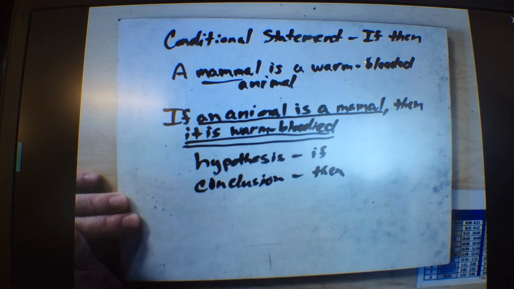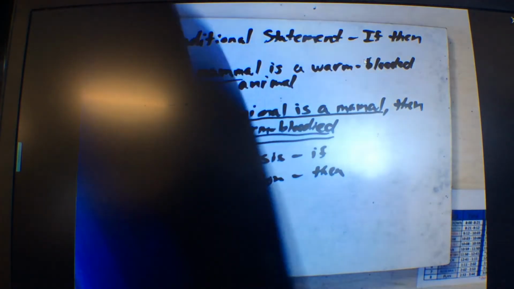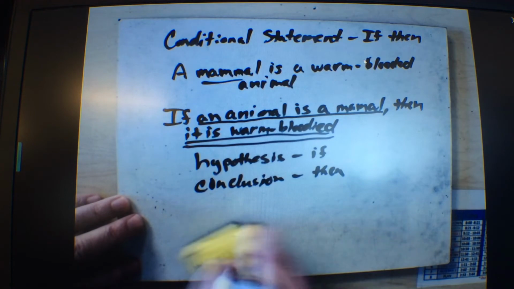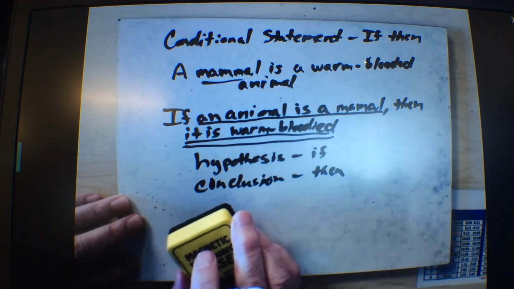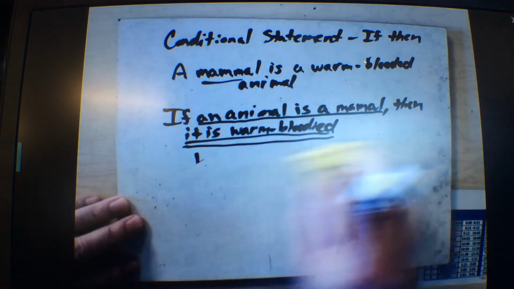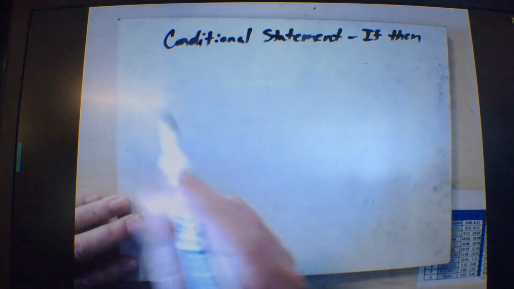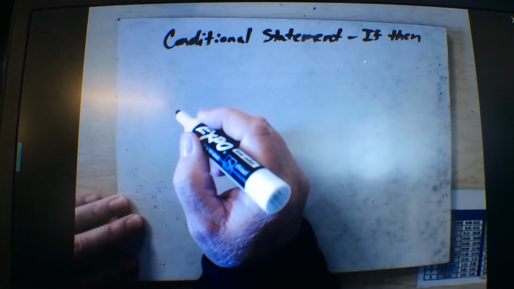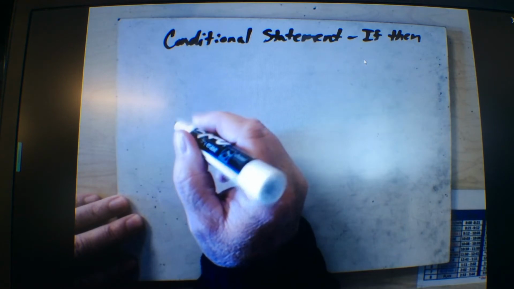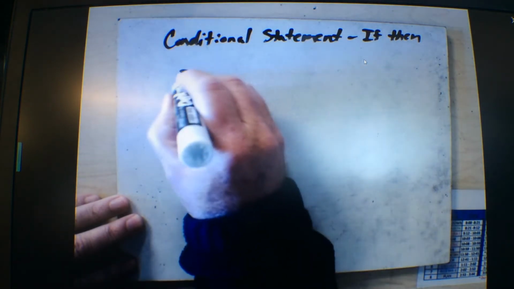Do you have it? If you're going to be gone, then you must turn in your assignment. I've said that three times also. All right? We got it? So I'm going to give you another one, shall we? And then you're going to give me the hypothesis and the conclusion. You ready? This one's a little harder.